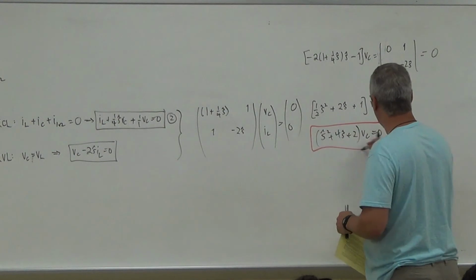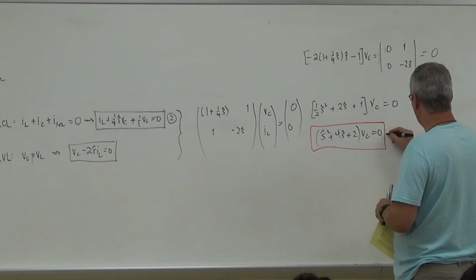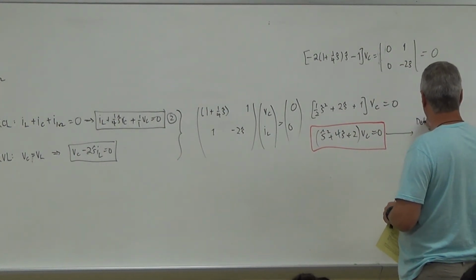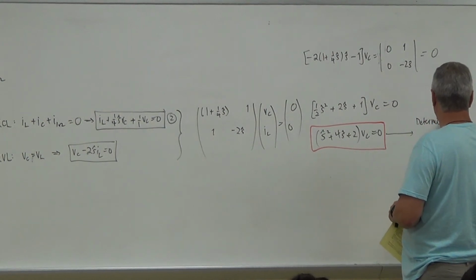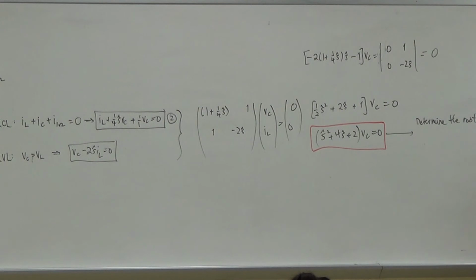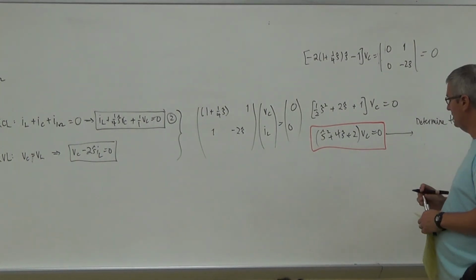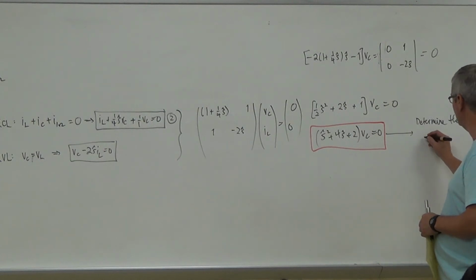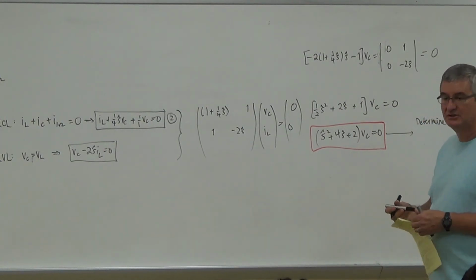Okay, so here's my equation. Now that I have my equation, what do I got to do? Determine the roots. So let's go determine the roots. When I look at these roots, let's do it the other way just to be careful.